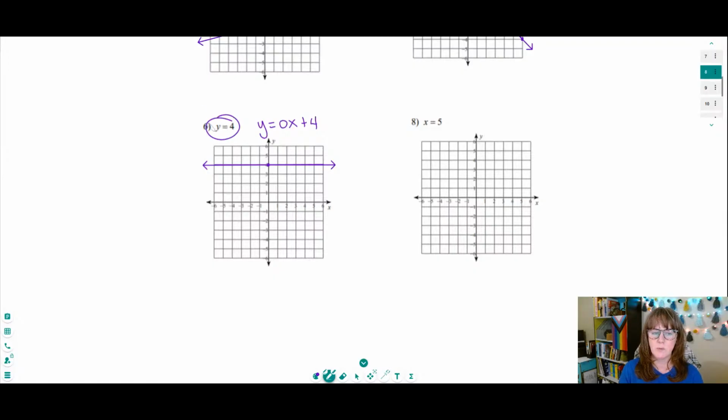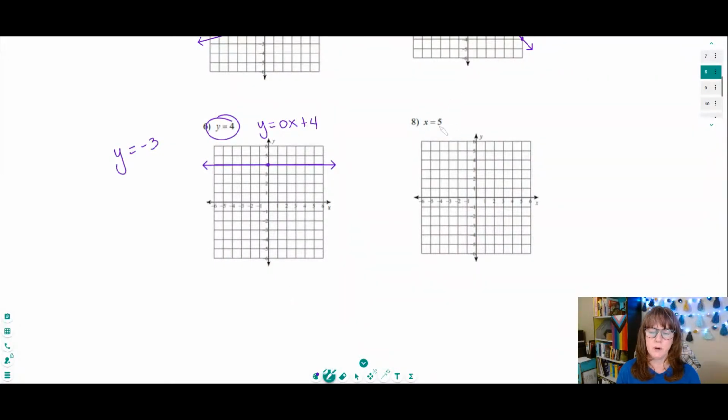But anywhere we have y equals and there's no x in the equation at all, you're just going to have a horizontal line at whatever that number is. So if this was y equals -3, we would put a point here at -3, and then we would have a horizontal line there at -3. It can be anywhere along this y-axis.